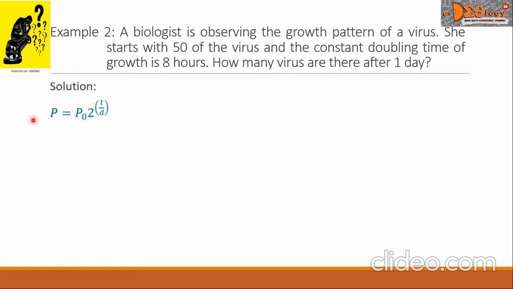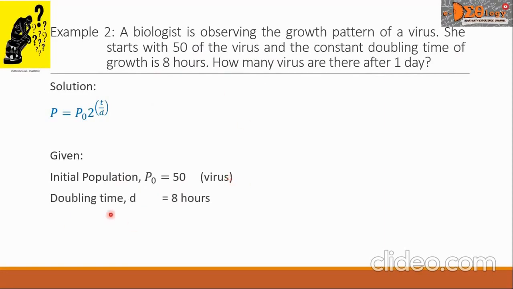And it's now written here. Let us now write the given of the problem. First is the initial population. P sub 0 equals 50. There are 50 virus. Next is the doubling time denoted by D, and this is 8 hours. And for our T, it is written here 1 day.